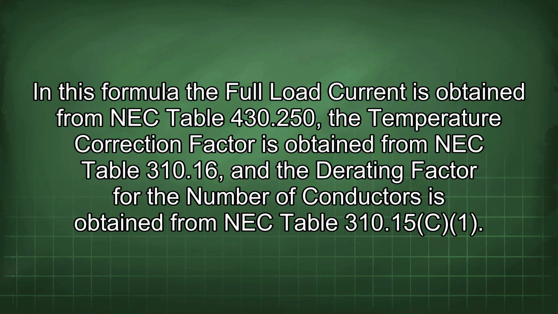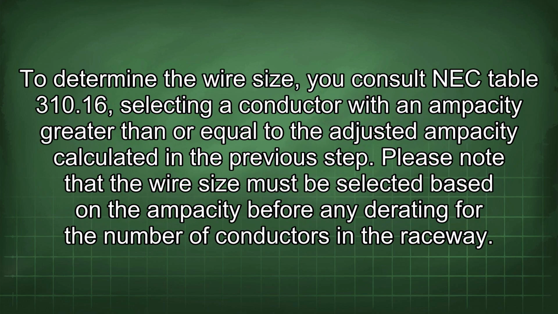The temperature correction factor is obtained from NEC Table 310.16, and the derating factor for the number of conductors is obtained from NEC Table 310.15(C)(1). To determine the wire size, you consult NEC Table 310.16, selecting a conductor with an ampacity greater than or equal to the adjusted ampacity calculated in the previous step.